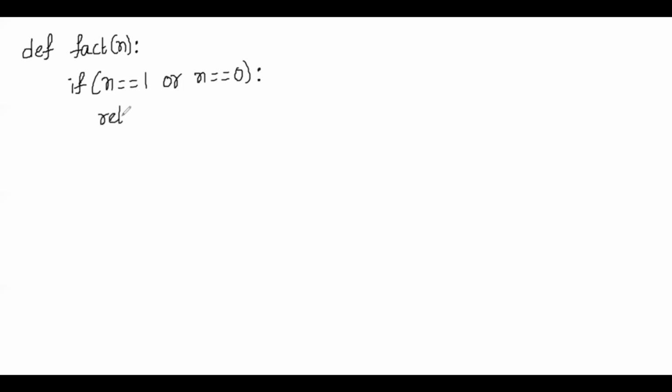First, we need to define a function which is a recursive function. Define fact of n. So in this fact of n function, we can write the base condition as if n double equal to 1 or n double equal to 0, we can return 1.